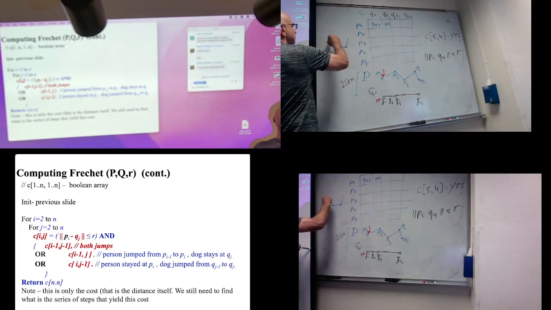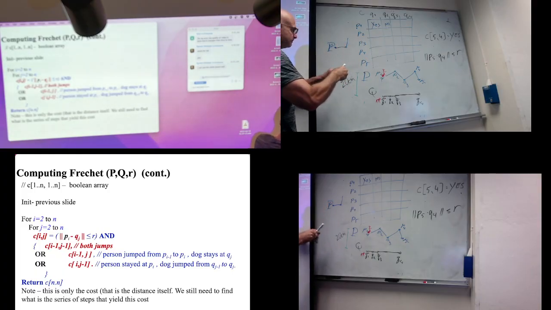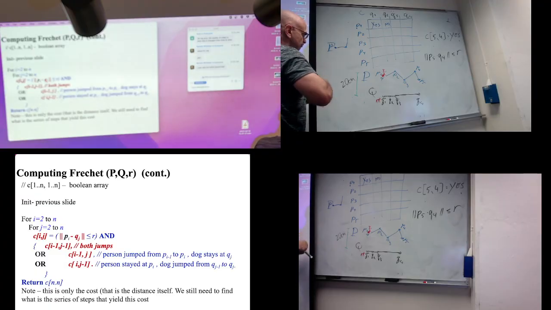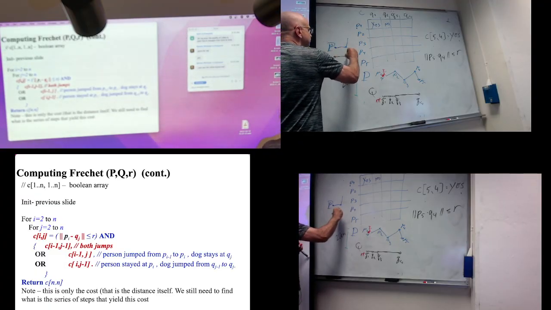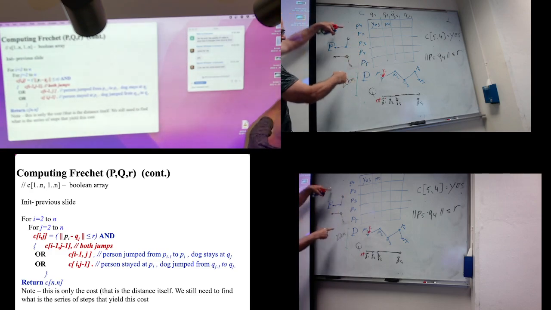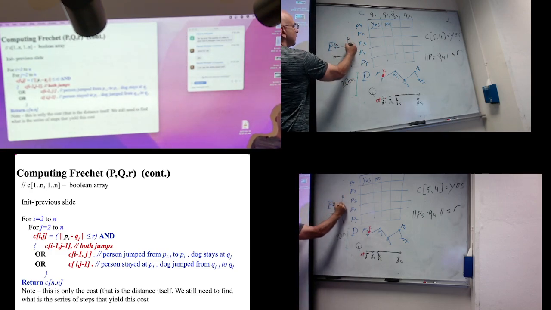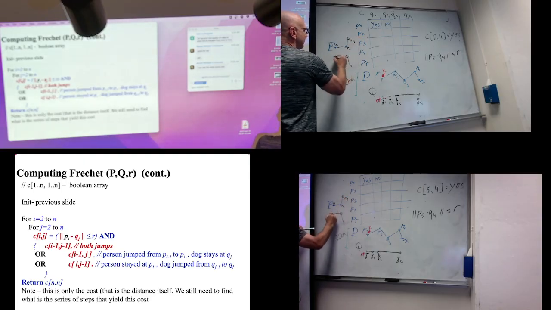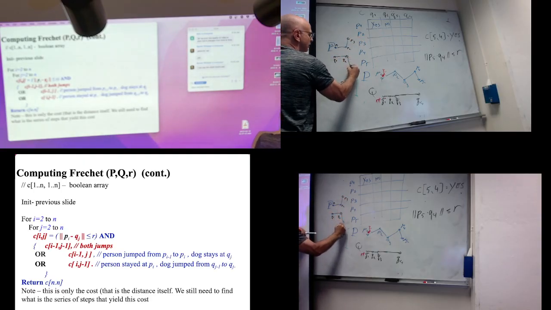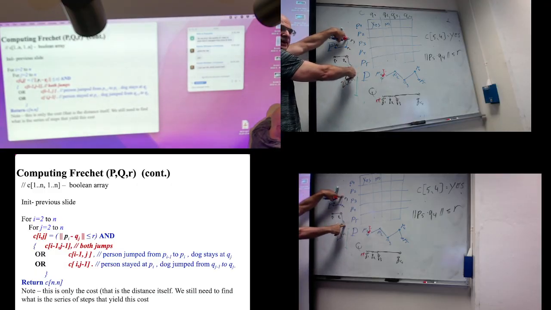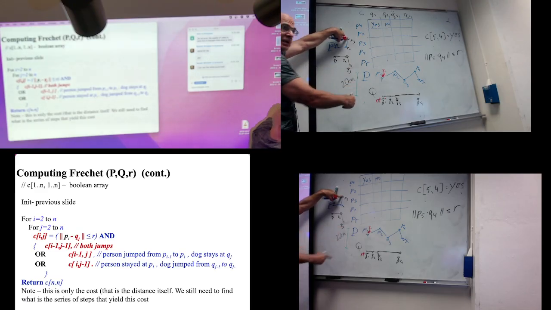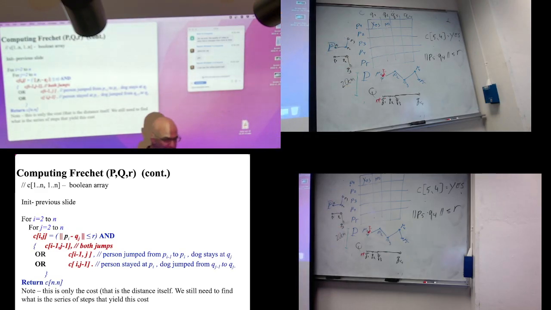Here is P, here is Q: P1, P2, P3, Q1, Q2, Q3. If the distance between P3 and Q3, the final destination, is more than the length of the leash, then the answer in Cij should be definitely no. You cannot do the whole trip because you cannot even finish it at this point.